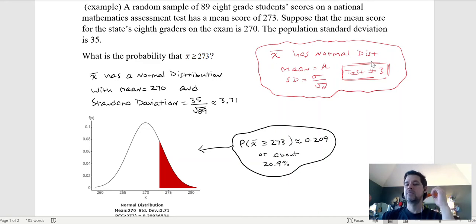So the sample mean has a normal distribution with a mean equal to the population mean, which is 270, and a standard deviation equal to the population standard deviation, which is sigma, over the square root of the sample size, which in this case is 89. So the X bar, the sample mean, has a normal distribution with a mean of 270 and a standard deviation of about 3.71.